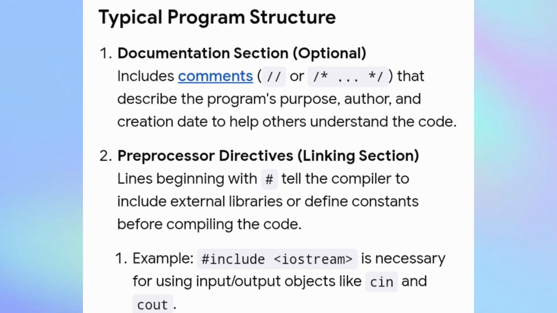The preprocessor directives, or linker section, begin with hash and include external libraries or define concepts before compiling the code. Example: #include <iostream.h>, using the input output objects cin and cout.